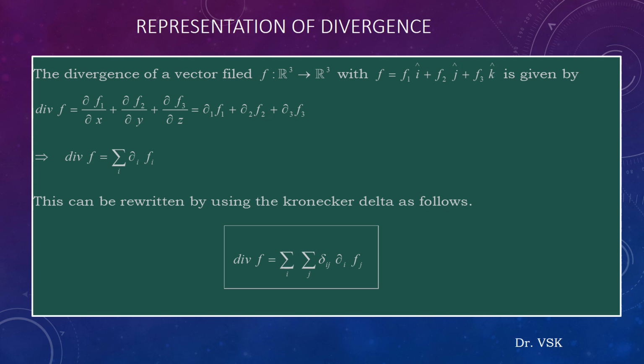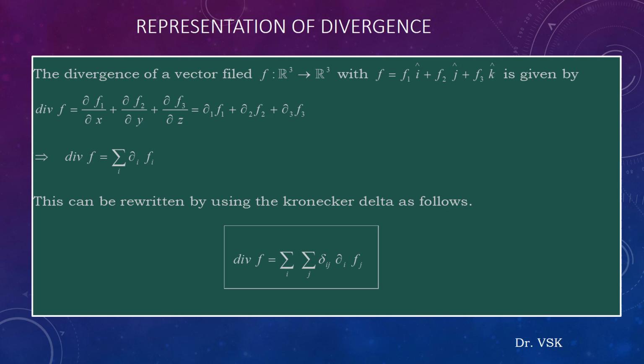But I have written dou f1 by dou x1 as dou 1 f1. Similarly, I have written dou f2 by dou x2 as dou 2 f2. Next, I have written dou f3 by dou x3 as dou 3 f3. If I substitute these symbols, we obtain div f equals dou 1 f1 plus dou 2 f2 plus dou 3 f3.